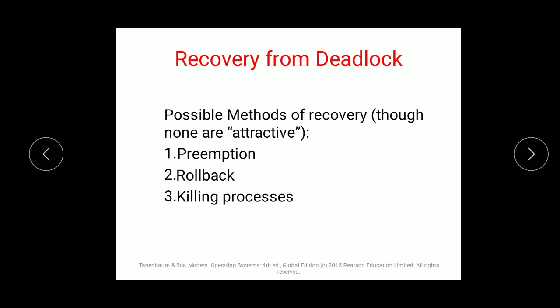Different parameters need to be considered to ensure minimum cost. Killing a process incurs huge cost, a huge waste of computation power, and a lot of human effort is wasted. So what do we need to consider? First, the priority of the process. If that process is important, we cannot remove it. Second, how much computation the process has finished.